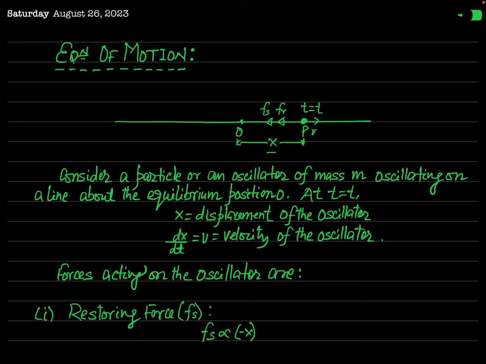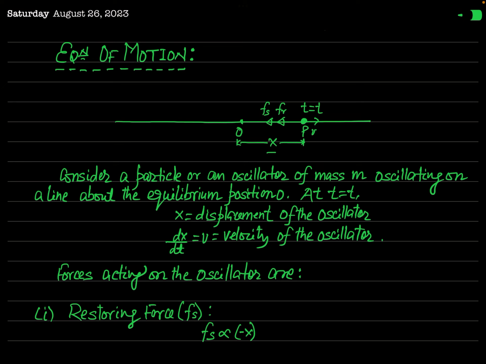But as here our oscillator is oscillating in a retarding medium, along with the restoring force, our oscillator will also experience a retarding force due to the medium. So taking into account these two forces, we can easily obtain its equation of motion.